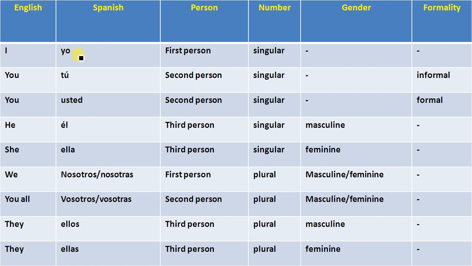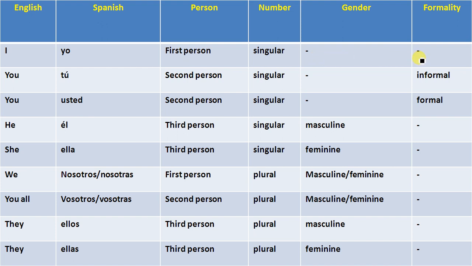You will use yo. Yo is always used with the first person, always with the singular, and it can be used with both genders, female and male. And for formality, it can be any formality.